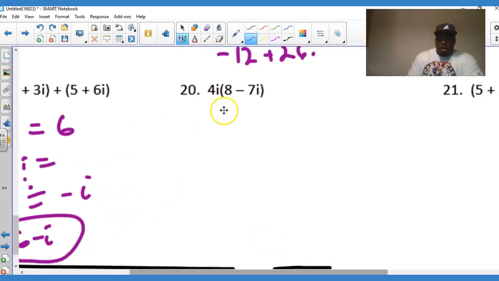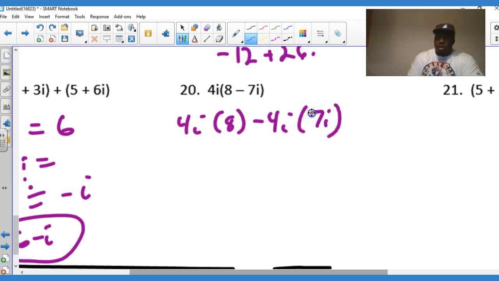Next, look at this problem. This problem right here in the middle doesn't have an addition or a subtraction. This is multiplication. This is the distributive property. This is going to be 4i times 8 minus 4i times 7i. If you distribute this times 8, then times negative 7i. I'm just expanding it so you can see it.